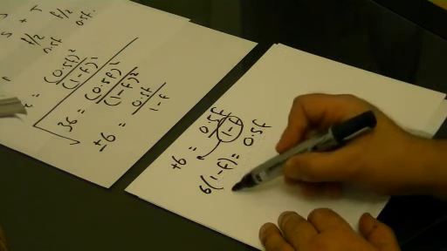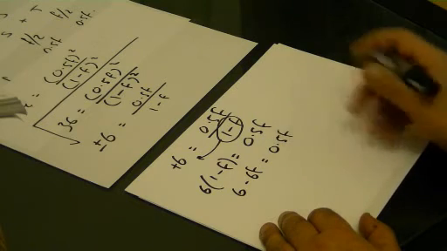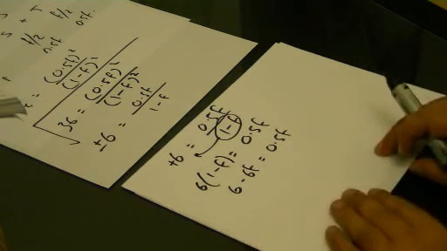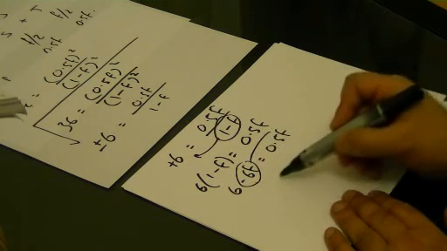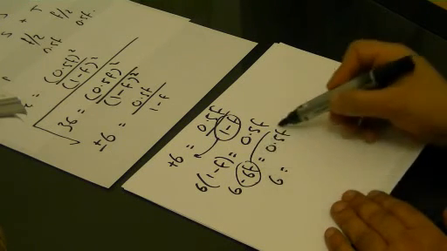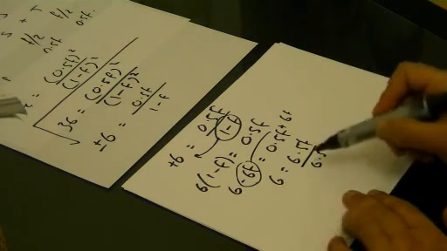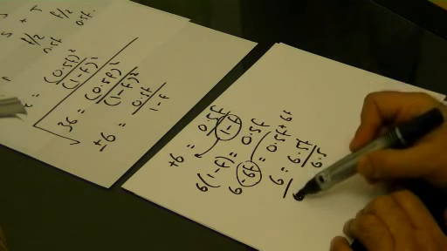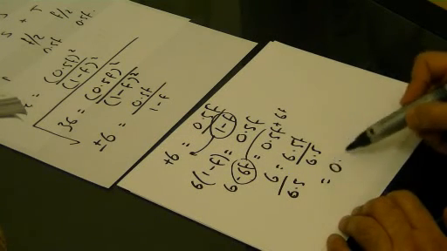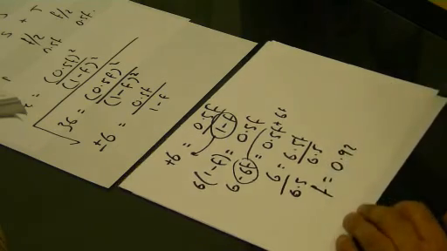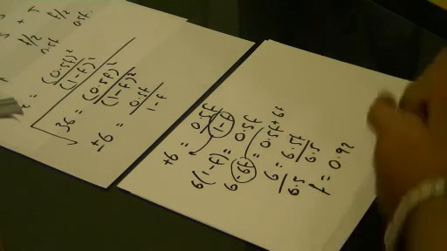I expand this bracket to give me 6 minus 6f equals 0.5f. I then move this minus 6f over, which gives me 6 equals 6.5f. Divide this side by 6.5 and divide that side by 6.5. It gives me an answer of 0.92. Yes, the answer is 0.92. And that's how to work that out.